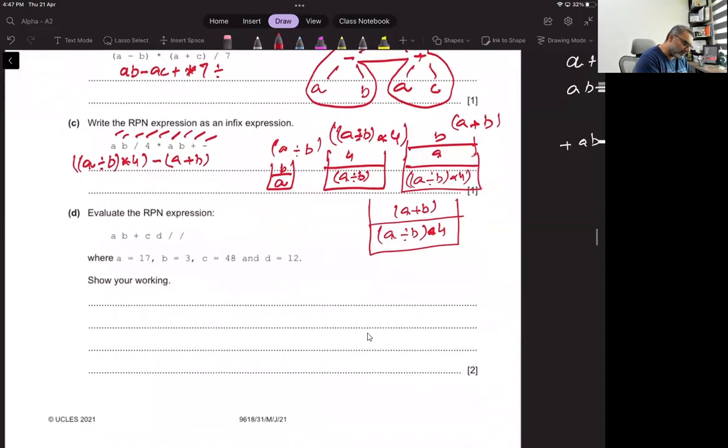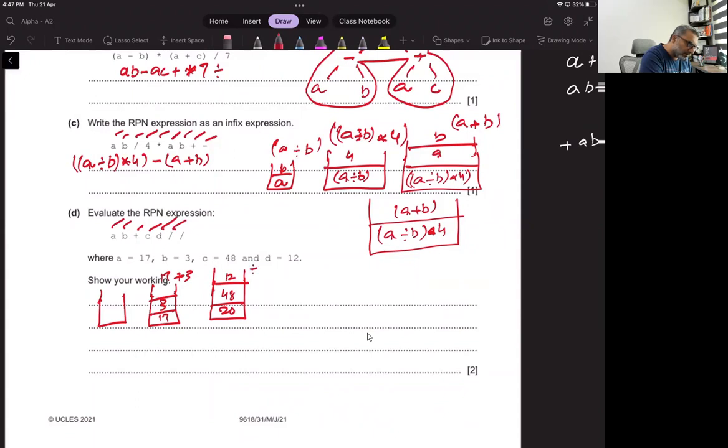So let's say we have this stack which is empty. Then we put A in it. A is 17. Then we put B in it, which is 3. Then we have plus. So this will be 3 and 17. So 20 is pushed back. Then we have C. C is 48. Then we have D. D is 12. Then we have divide.